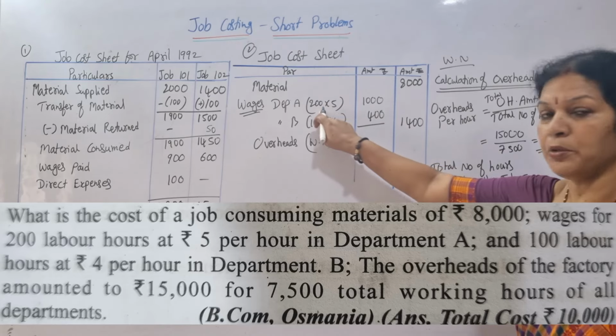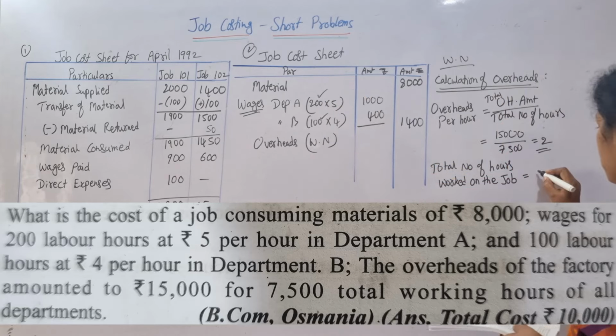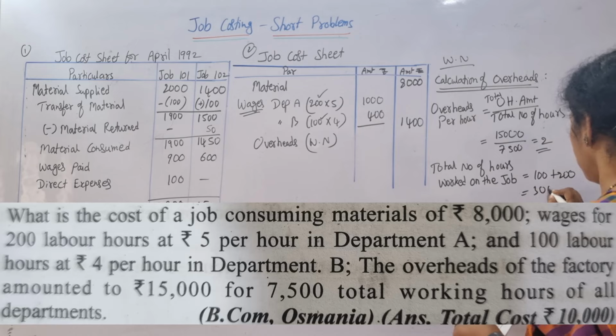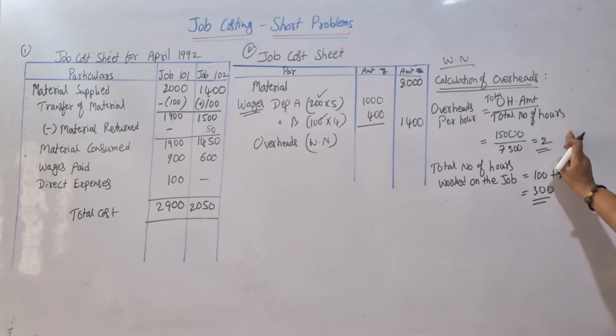For department A 200, for department B 100, so it comes to 300. Step number 1, per hour overheads, we got it.